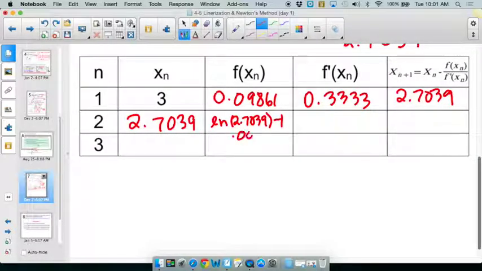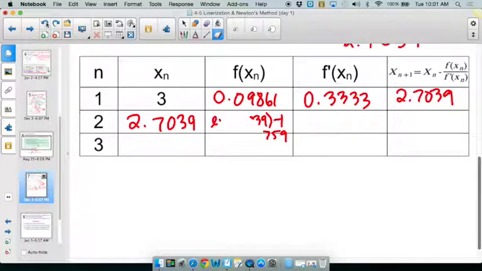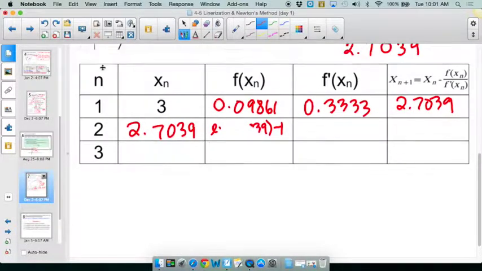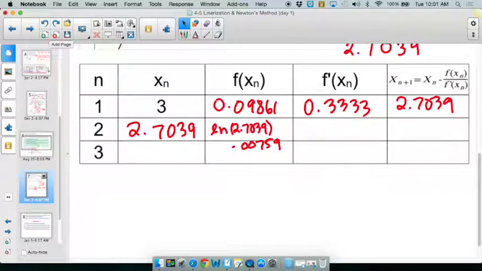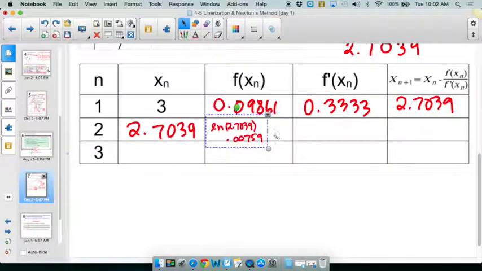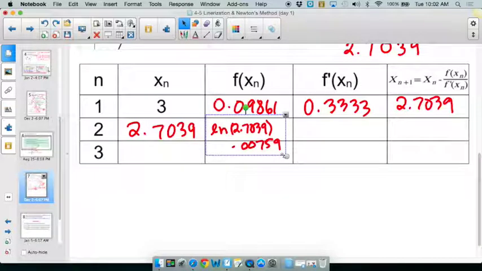Okay, 0.00759. There you go. Okay. Yep, now we have to find the derivative.